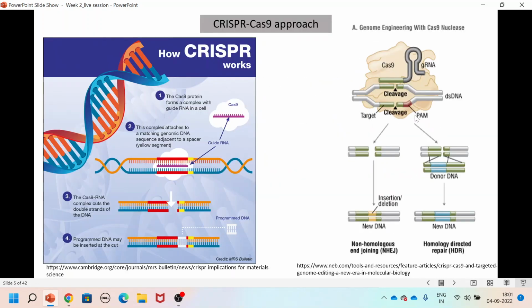So this is the PAM specific sequence, and the guide RNA recognizes it, which is present 2 to 3 bases downstream of the cleavage site, and therefore guides the Cas9.